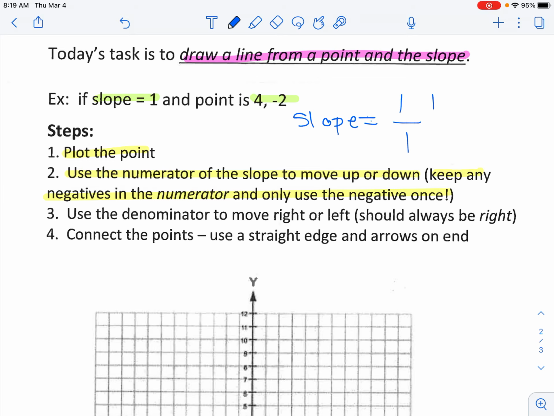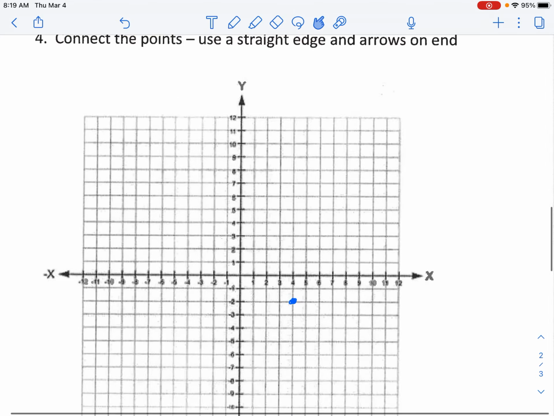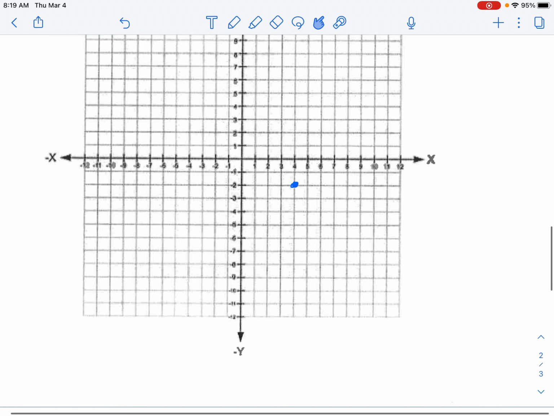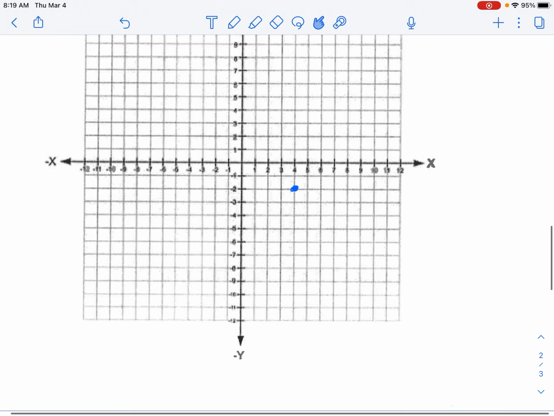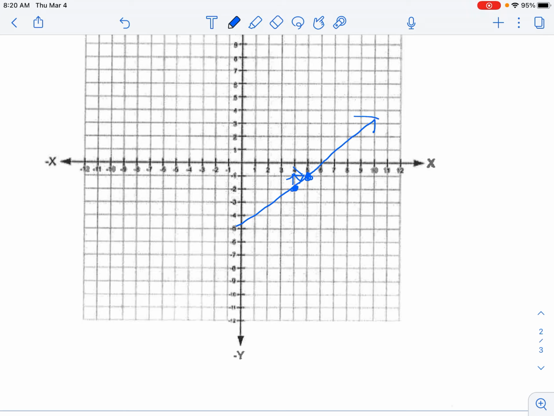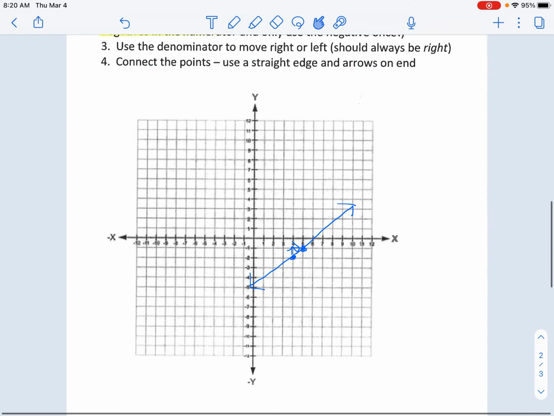So what that tells me is that my next point is going to be up 1 and right 1. So from this point, if I go up 1 and right 1, then my next point will be here. Now, as long as you have 2 points, you can go ahead and draw your line. Like that.